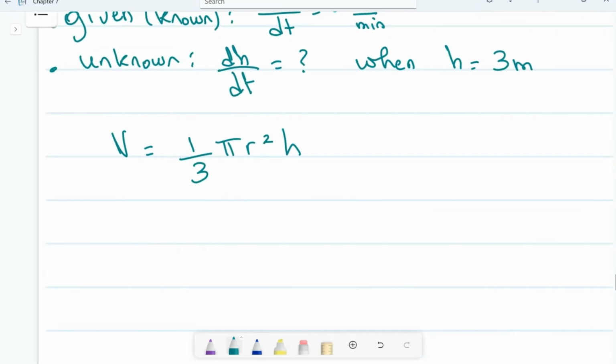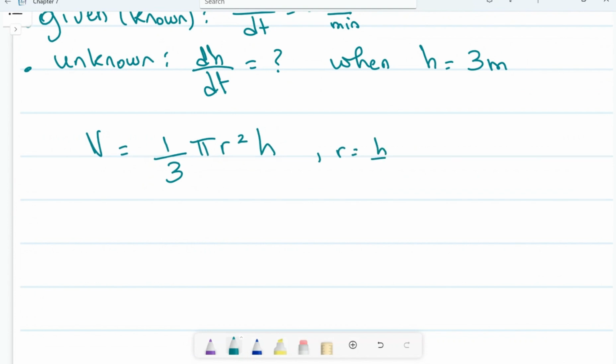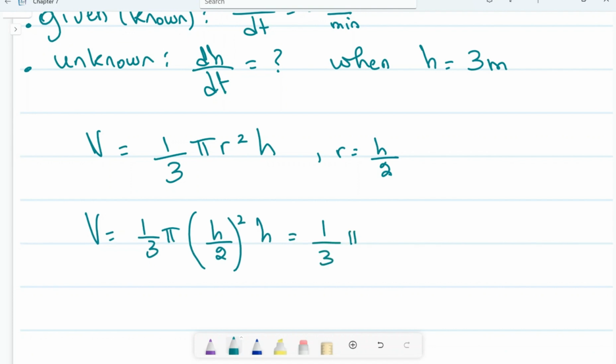We know that r is h over 2, so let's plug that in. So V is 1/3 pi. Instead of r, we write h over 2 squared times h, which is 1/3 pi h squared over 2 squared, which is 4, times h. We can multiply the 3 by the 4. So 1 over 12 pi h cubed.